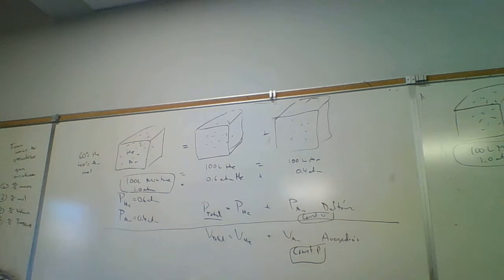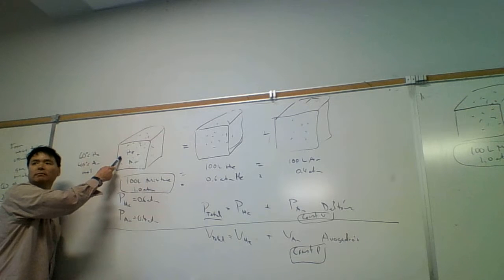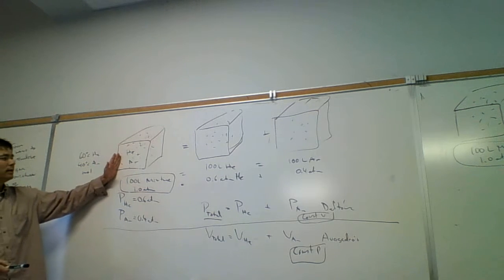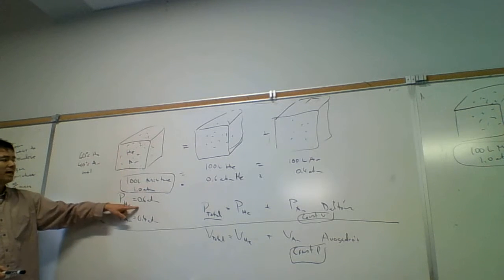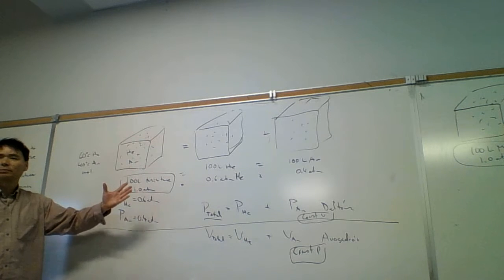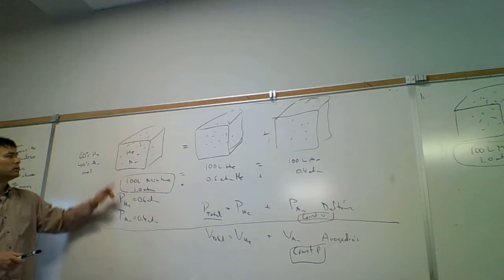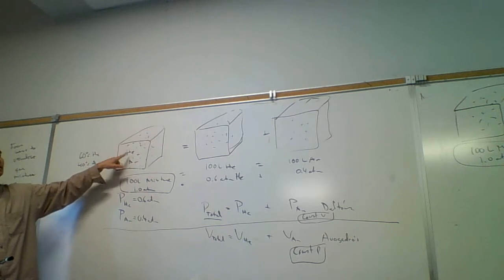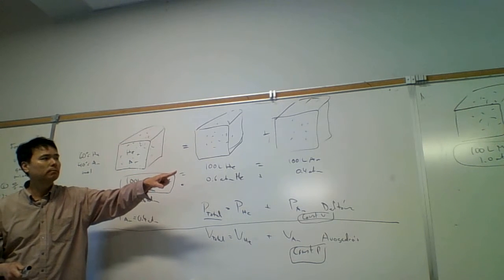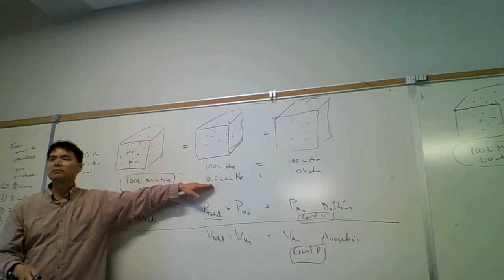Okay, that's answer number one. Answer number two is, I have 100 liters of mixture. How much helium do I have? Well, I got 60 liters of helium. But if you have 60 liters of helium, then it cannot be at 0.6 atmospheres. Because you're compressing the box, it's going to be at 1 atmosphere. So I have 60 liters of helium at 1 atmosphere, or 100 liters of helium at 0.6 atmospheres.